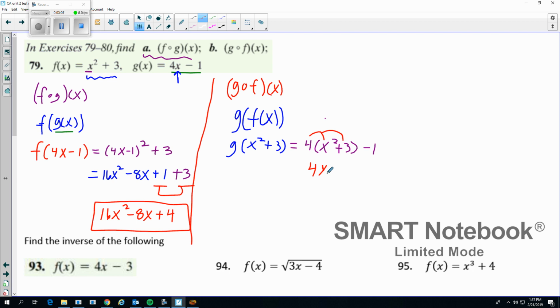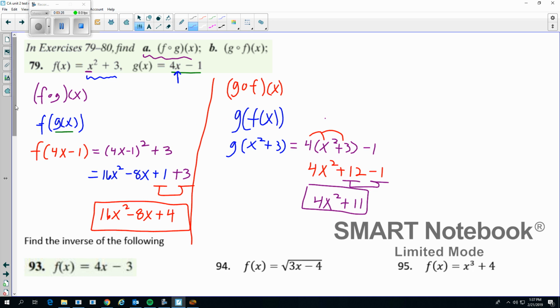So we get 4x squared plus 12 and then minus 1. Then we combine that together, so 4x squared plus 11. And there you go. That shouldn't give you too much trouble.